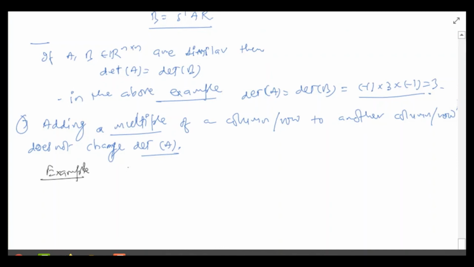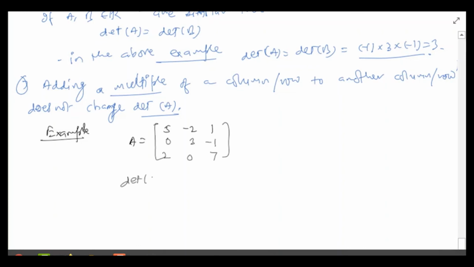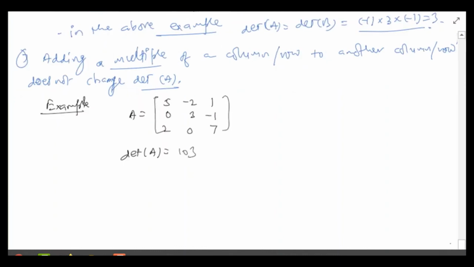Let's see an illustration of this property. Example. Let's consider A equals 5, minus 2, 1, 0, 3, minus 1, 2, 0, 7. It can be easily checked that determinant of A in this case is 103. Now if we multiply the last column by 2 and add the resulting vector to the first column, we get another matrix.